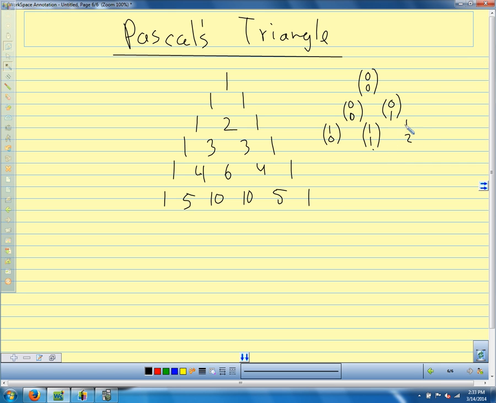The third row is 2 choose 0, 2 choose 1, 2 choose 2.